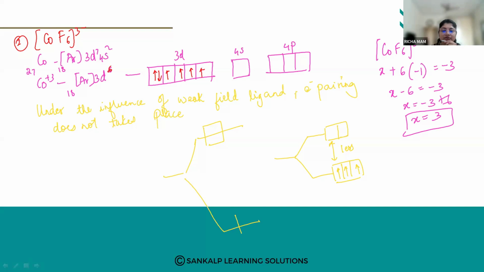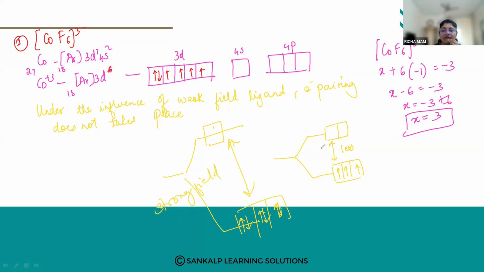Under the influence of strong field ligand, the electrons got paired down only, because the distance is large. For the fourth electron to go up, the distance is more, so it gets paired here itself. This is under the strong field ligand.